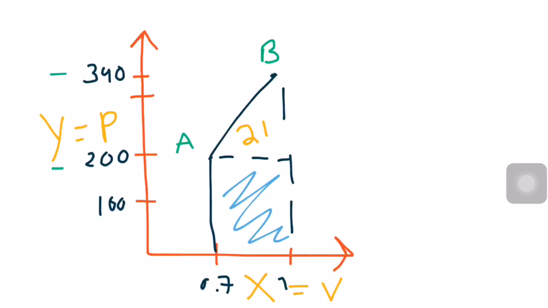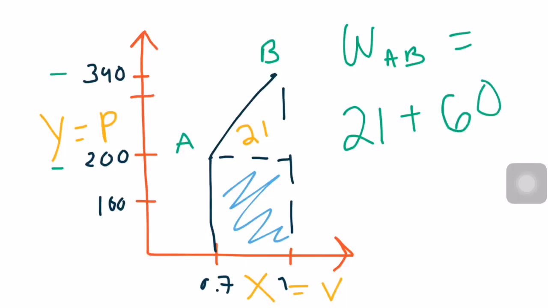So the work done from point A to B equals 21 plus 60, and this results in 81. And the units, this is really important, the units for work are kilojoules.